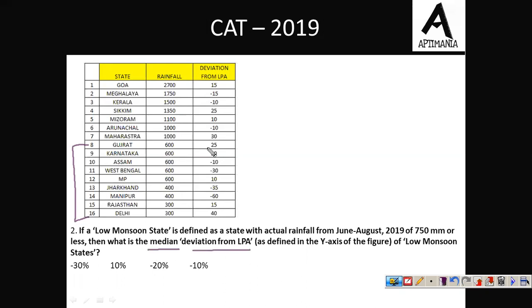So first of all, इनका LPA जो है हम उसको नोट कर लेते हैं. LPAs are 25, minus 20. Okay, 25. Sorry, it was plus 20. Then it is minus 10, minus 30, then 10, minus 35, minus 60, 15 and 40. Fine. अब हमें कैलकुलेट क्या करना है?